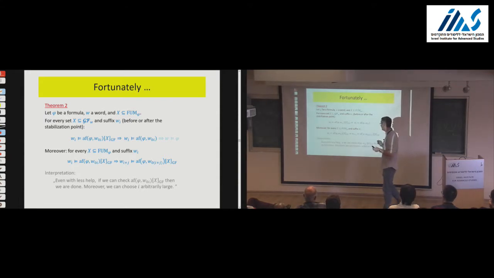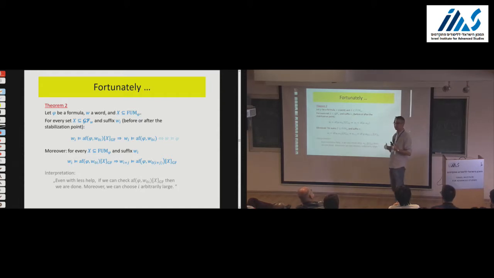And something that we also get is that this point wi we can choose arbitrarily far away. Essentially the idea is that if wi satisfies this, then that implies that if we go farther, that still satisfies that.